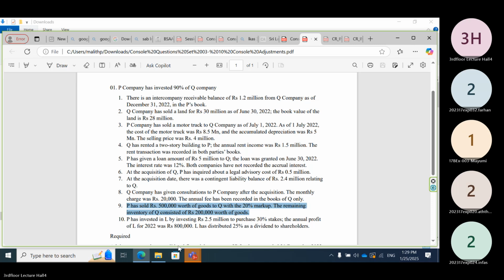One-fifth. Cost of sales is much, gross margin is much. Dividing gross margin by cost of sales, you are getting 20%.